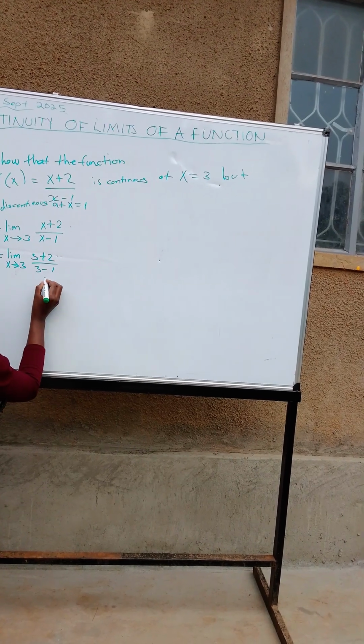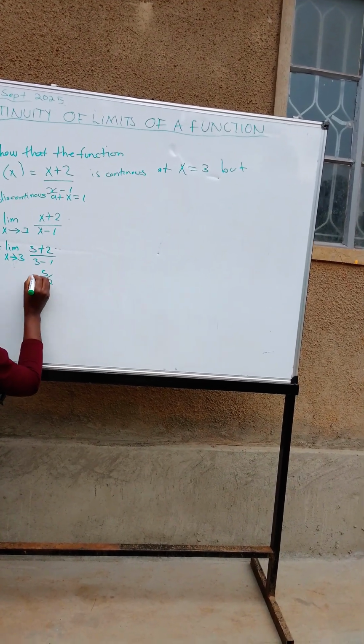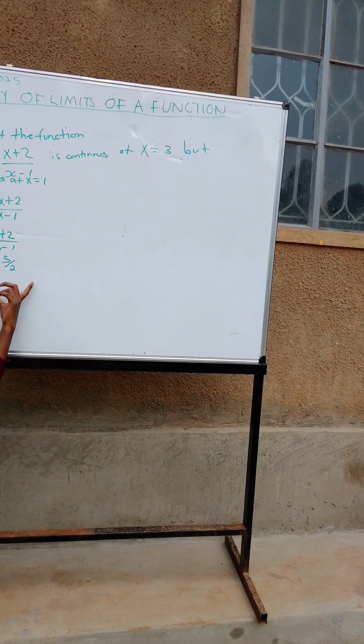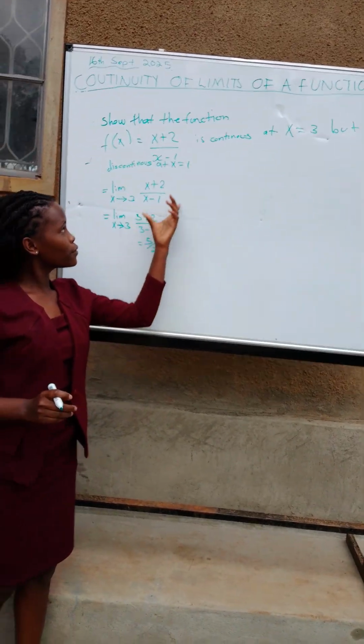This one is going to give us 5 over 2. Then we are done with finding the limit of this function.